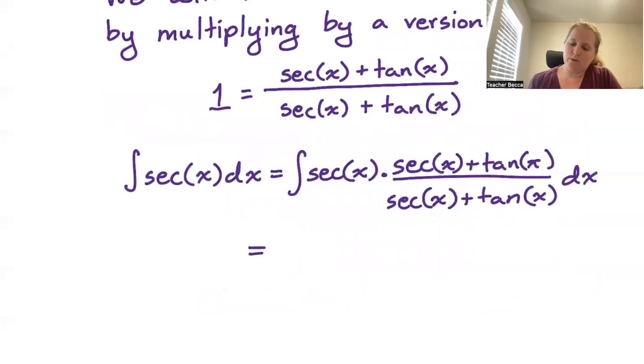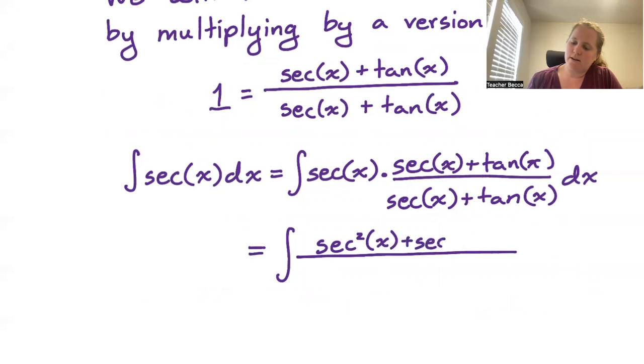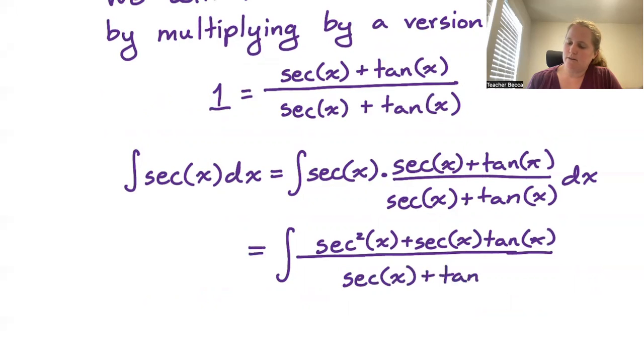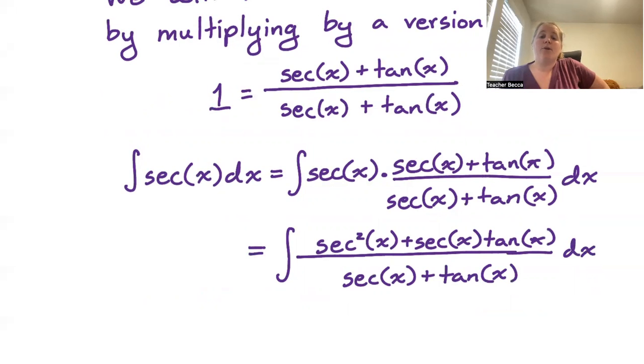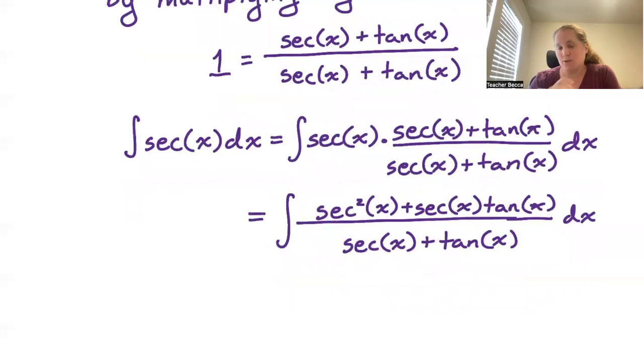This can, of course, be rewritten as the integral of, in our numerator, secant squared of x plus secant x tan x. And in the denominator, we will have secant of x plus tangent of x. Then that whole thing has been multiplied by dx.